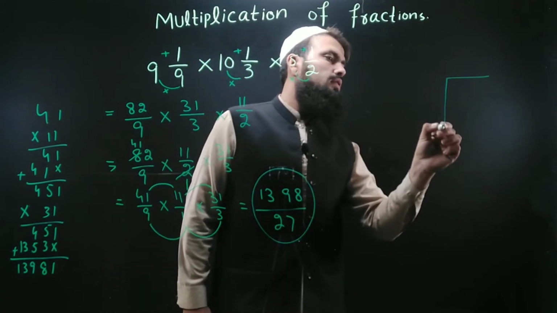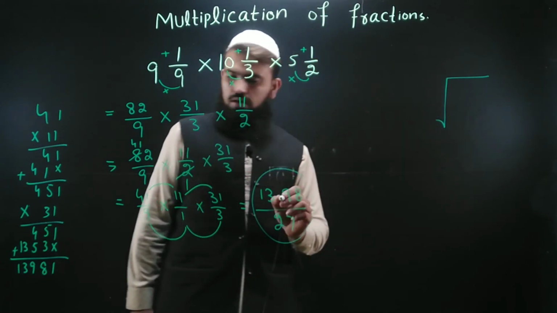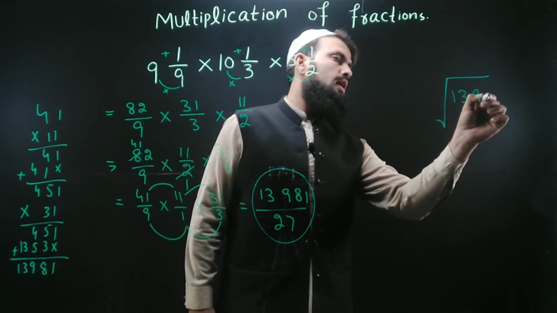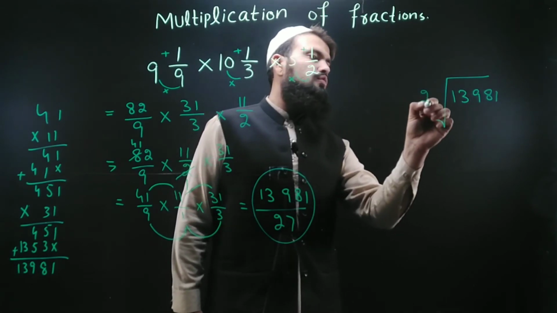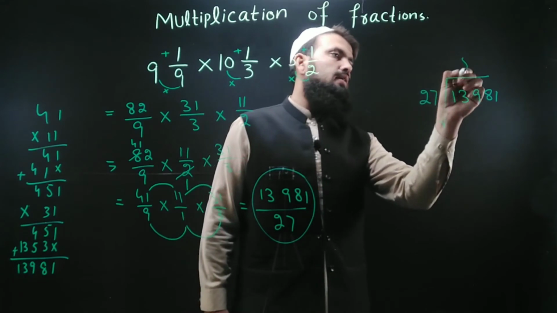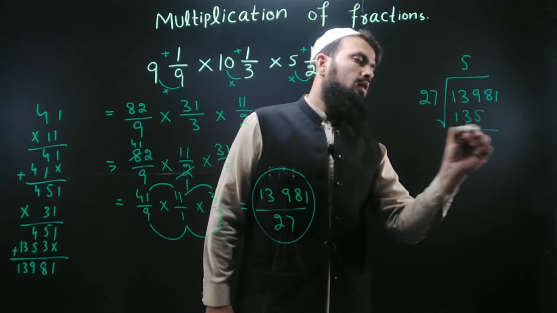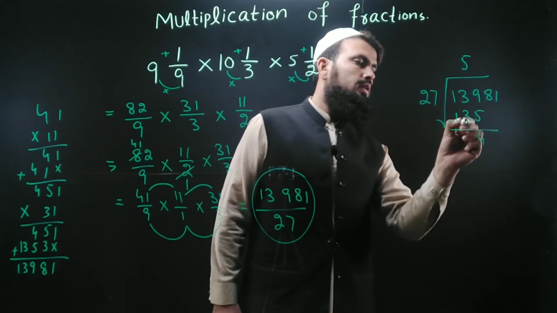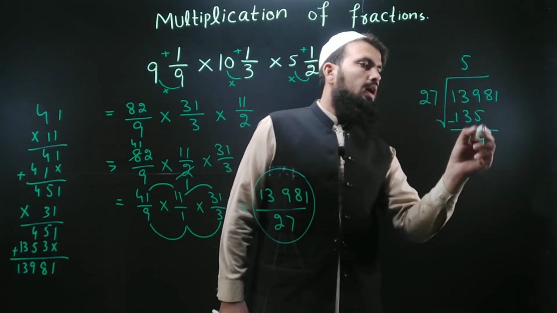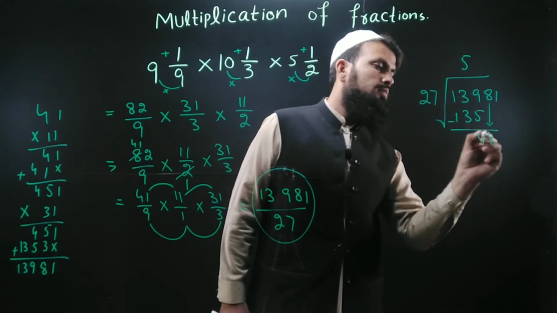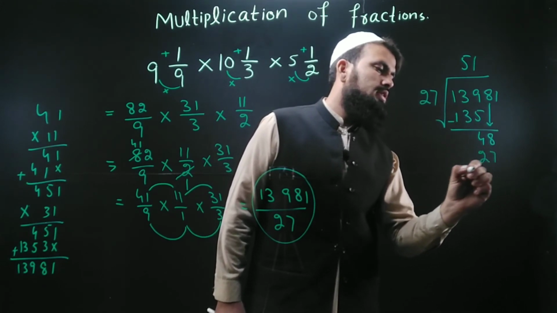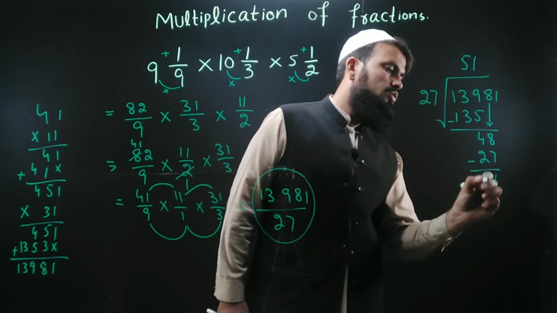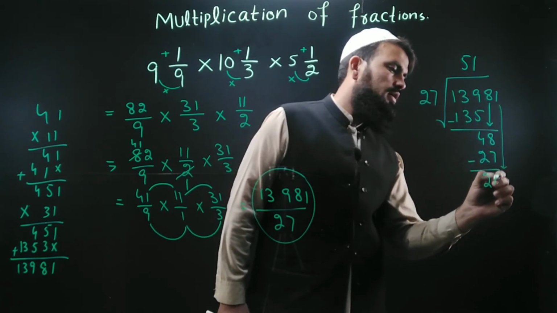So here we will solve this question. 13,981 divided by 27. 27 times 5 is 135, subtract 5 from 9, here 4, 3 subtract from 3, nothing remaining, and 8 comes here. 27 times 1 is 27, again subtract 7 from 8 is 1, 2 subtract from 4 is 2, and 1 comes here.